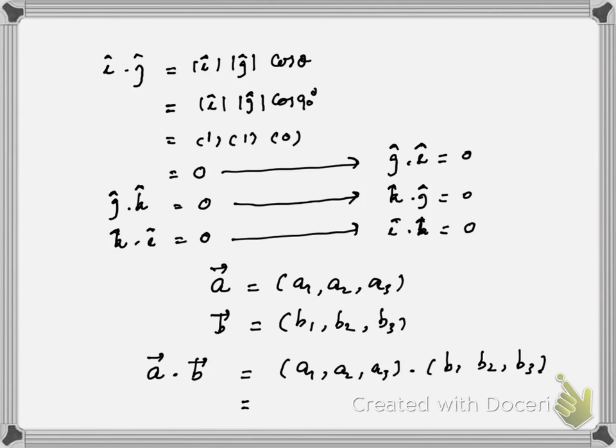can be written as A1 i cap plus A2 j cap plus A3 k cap dot B1 i cap plus B2 j cap plus B3 k cap.